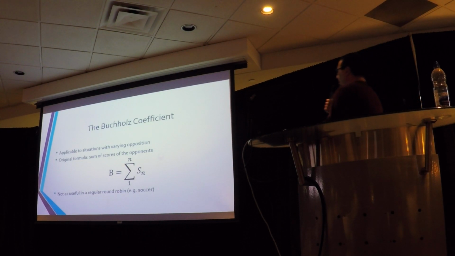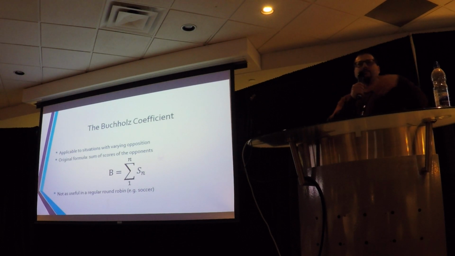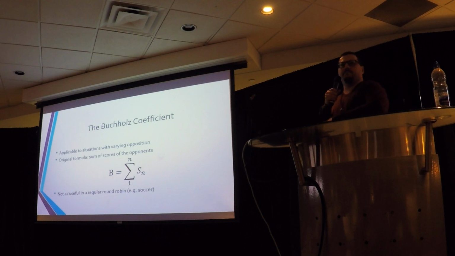So the Buchholz coefficient is applicable to situations where each participant played different opposition, and it's just the sum of the scores of the opponents. And it's not useful in regular round robins, let's say European soccer, which is just double round robin, everyone plays everyone.